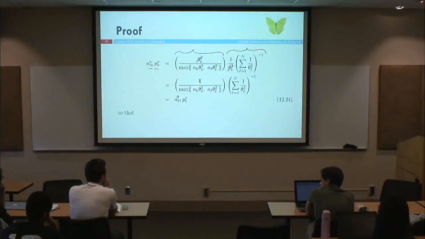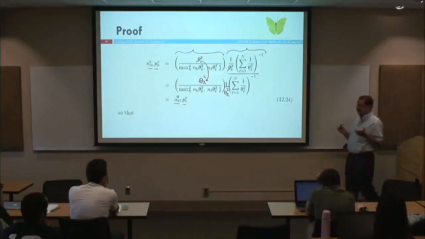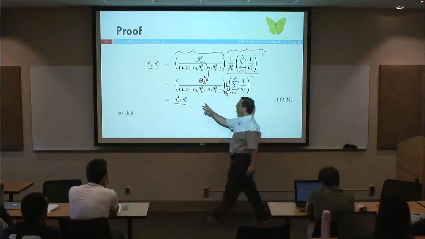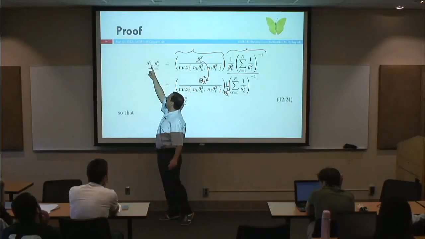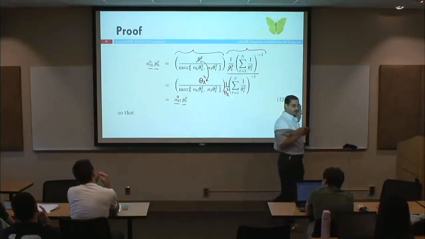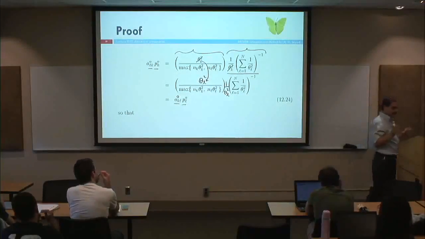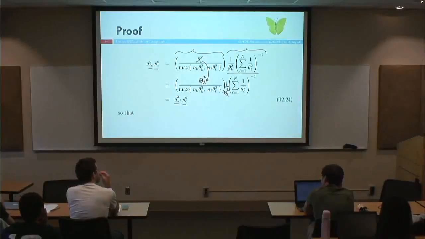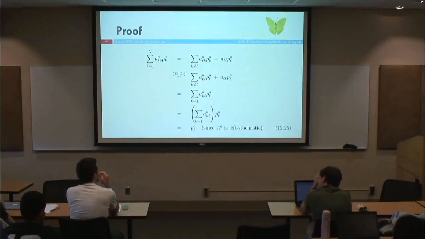Well, I can replace it by theta L. Nothing changes, correct? Now this becomes A_KL, because I switched K to L. And this becomes P_L, right? So this symmetry relation holds. If you switch K to L, this relation holds. Fine? Simple to check.